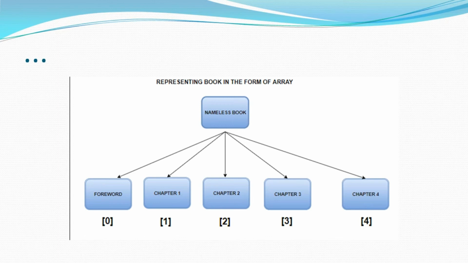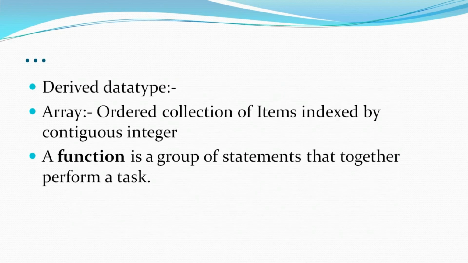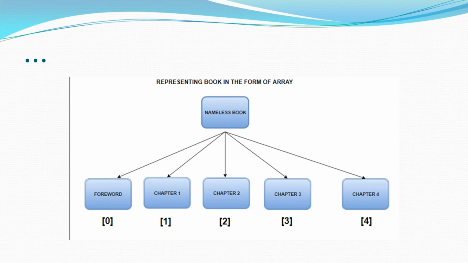Here you can see the foreword will be indexed by 0, chapter first by 1, chapter 2 by 2, chapter 3 by 3, and chapter 4 by 4. These are all in an orderly manner and indexed by contiguous integers. So these are known as derived types.